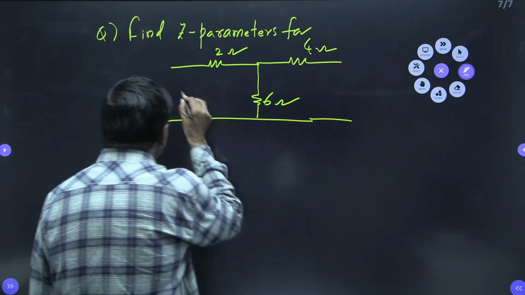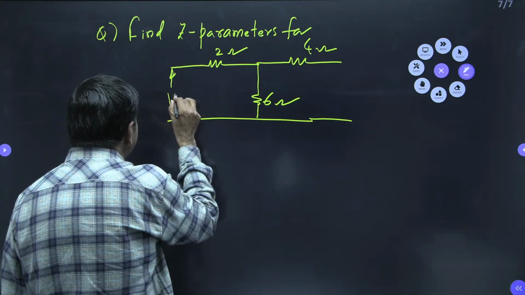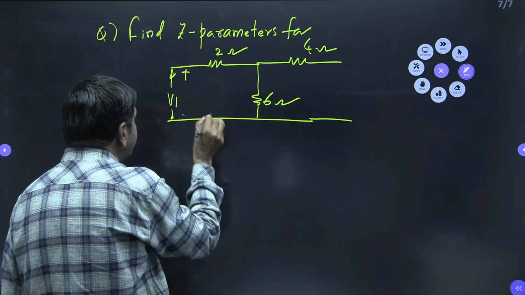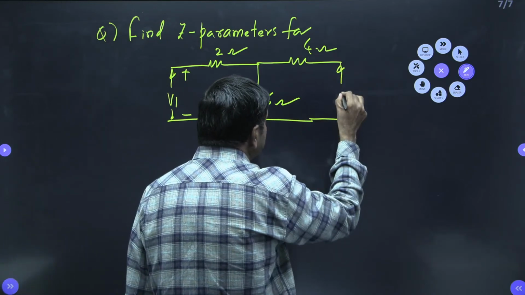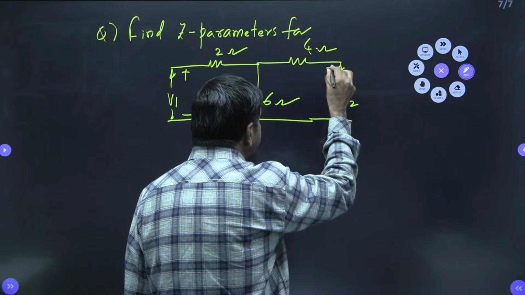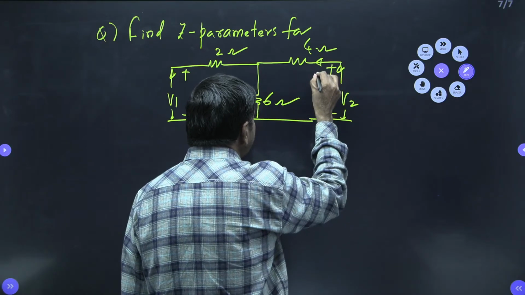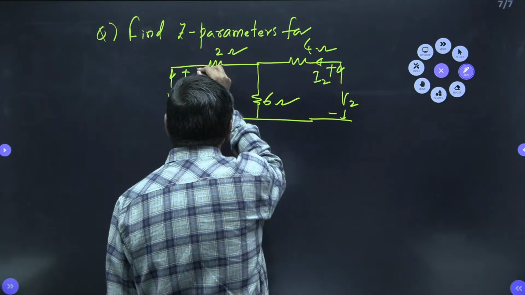The voltage across these 2 terminals is given as V1, plus minus. The voltage across these 2 terminals is given as V2, plus minus. This current is given I2 and this current is given I1.